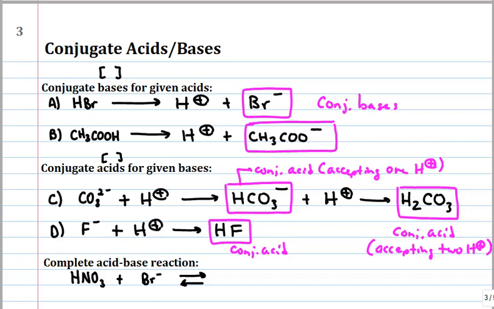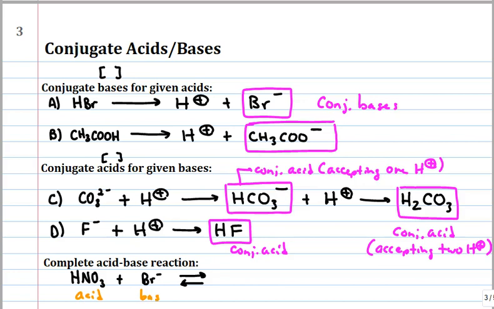We can also do what we call complete acid-base reactions. That's when you have an acid and a base reacting together. Well, in this scenario, the acid donates a H plus, and the base will pick it up. And you just got to draw what happens after this reaction occurs. So I think you can look at this and say, well, this has to be the acid because it's got a hydrogen that it can donate as H plus, and this one can't be the acid. The Br- can't be an acid. There's no hydrogen.